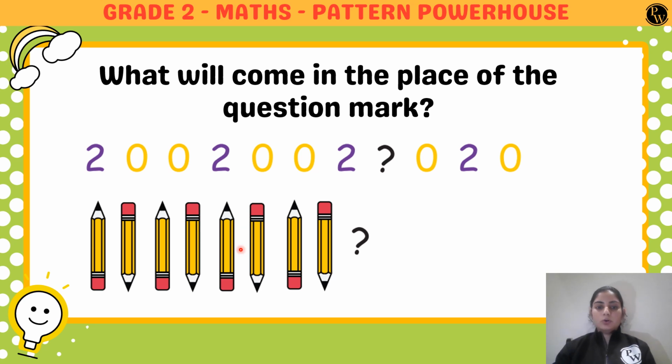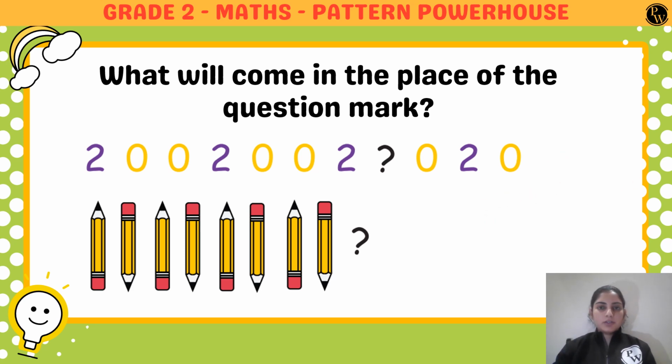The last one we can see is pointing towards down. Then what should be the next one? Which pencil should replace the question mark? This one or this one? Correct. The one pointing towards the up direction will replace the question mark to continue the pattern. Well done students.